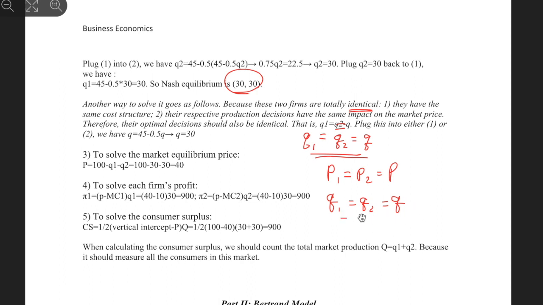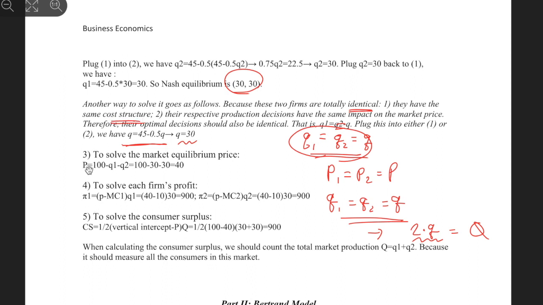So in this particular case, the market quantity is 2 times Q. Okay, so let's move on. When we have this solution, instead of Q1 and Q2, we put Q and Q, and we get Q equals 30. A simple solution when we have the same cost structure.